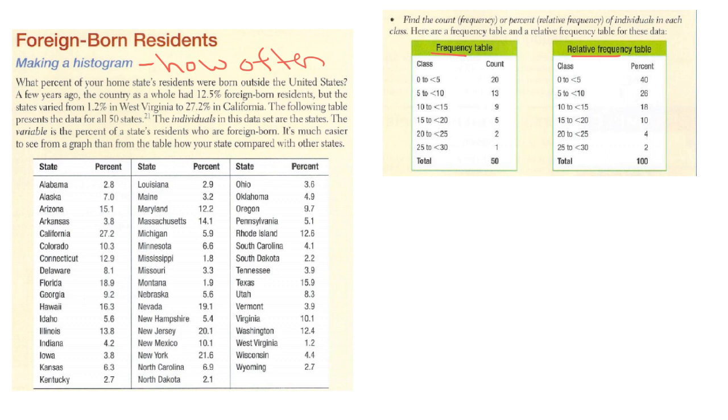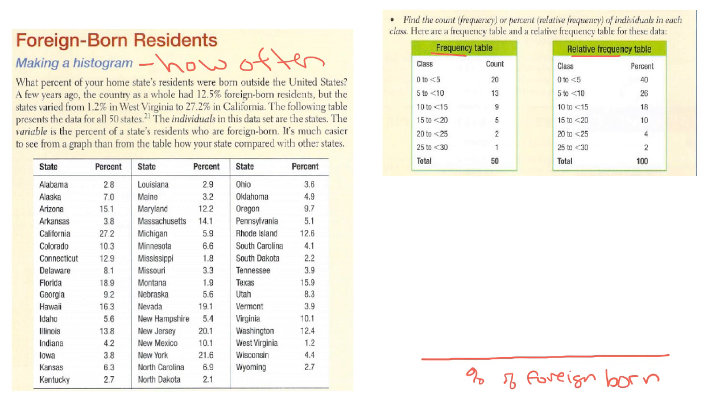So in this case, on my x-axis, I'm going to have percent of foreign-born citizens, or I don't know, people that are living there, residents. Okay, so my percent of the state's residents that were foreign-born.